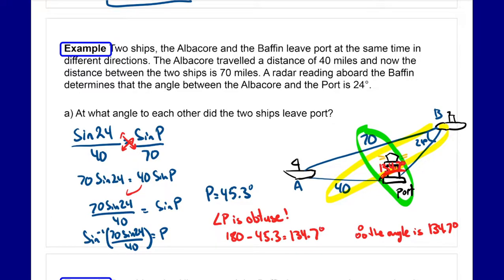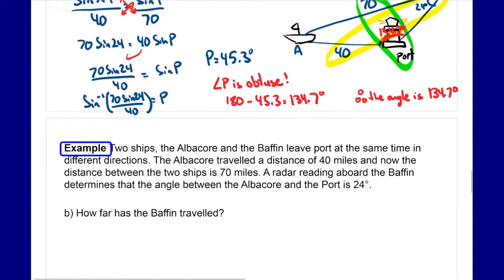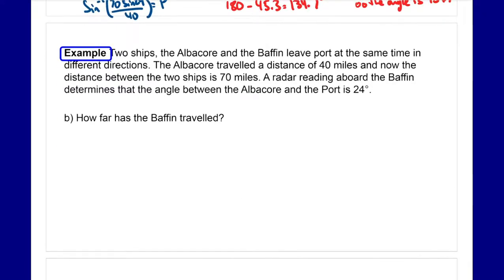Draw it over our lighthouse there. B wants to know, how far did the Baffin travel? So I'm going to just draw it out roughly again. I'm not going to put too much effort into the actual drawing. So we have 134.7. We have 24 degrees for our angle here.